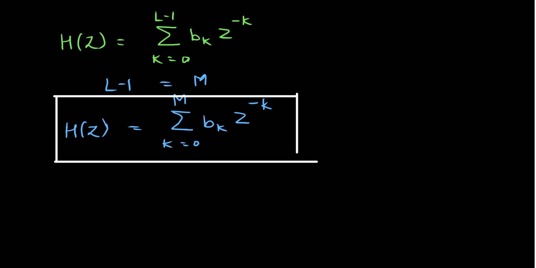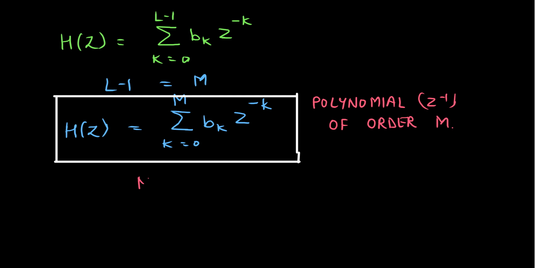Now if we observe this equation carefully, we can say that it is nothing but a polynomial of variable z inverse of degree or order m, and hence this m is referred to as the order of the filter.